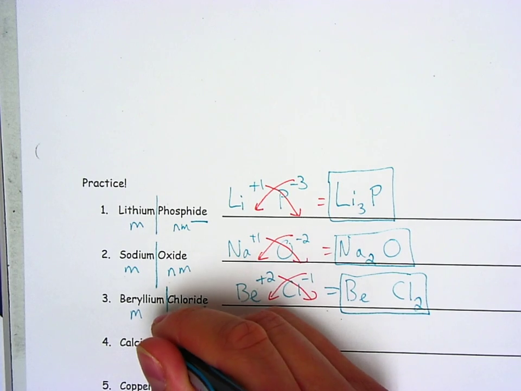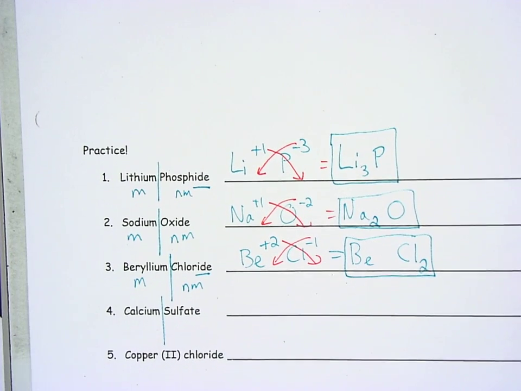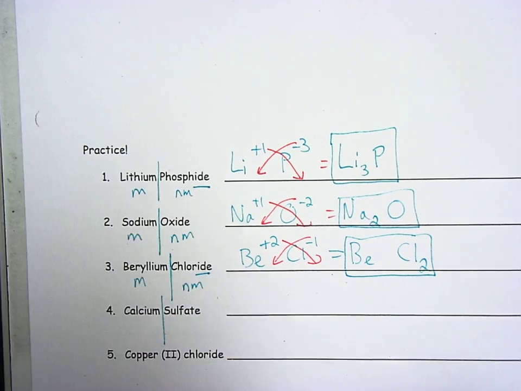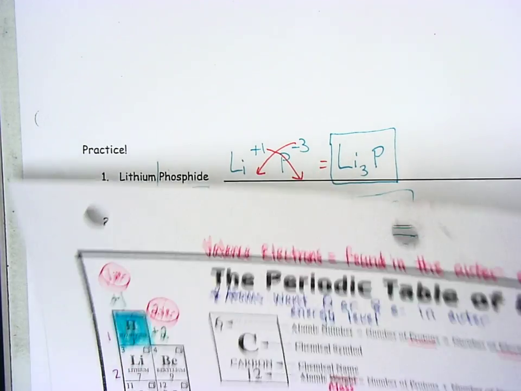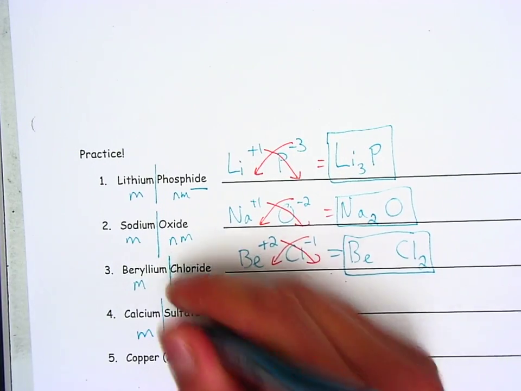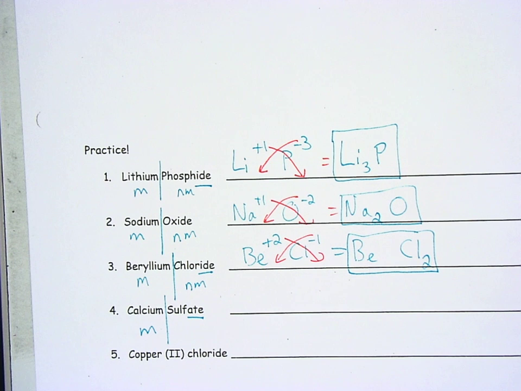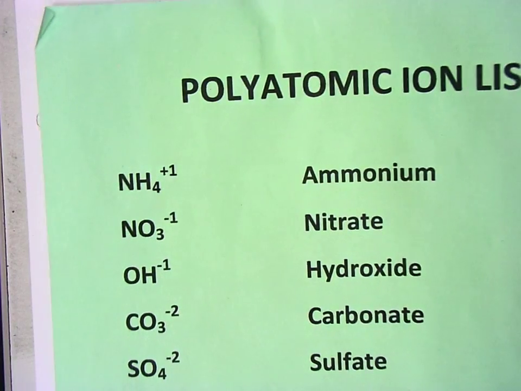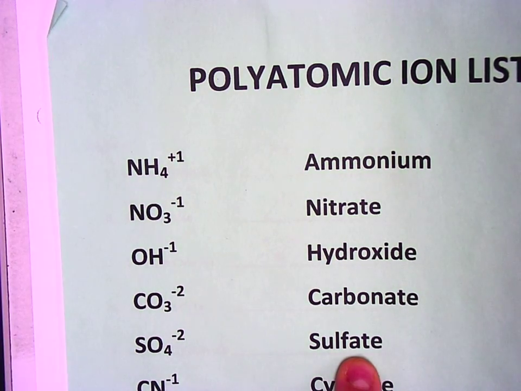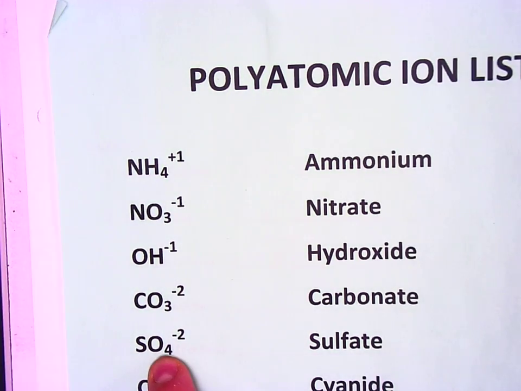All right, next one, calcium sulfate. This one's a little different here. All right, calcium. Calcium is a metal on the left. Sulfate. Okay, things that end in ate or ite are for sure, dead giveaway, things that are on your polyatomic sheet. So sulfate, there we go, right here, is SO4 minus 2.